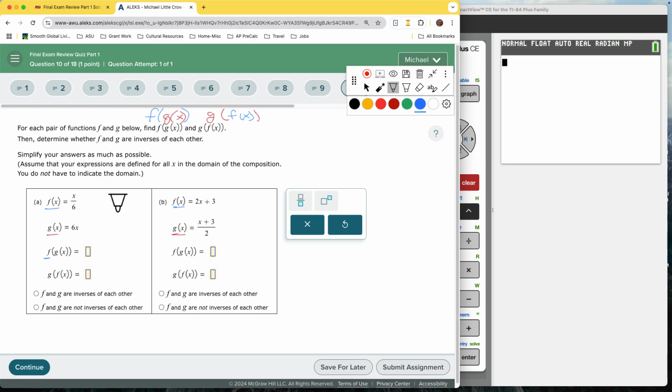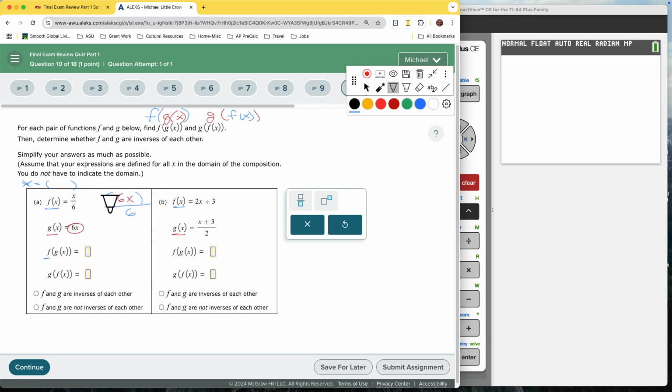Instead of writing x, let's make a new symbol, just an open parentheses. What goes in that parentheses? The g function. That goes up here. Now at least I've got the composition correct. I've plugged it in correctly, and now we simplify.